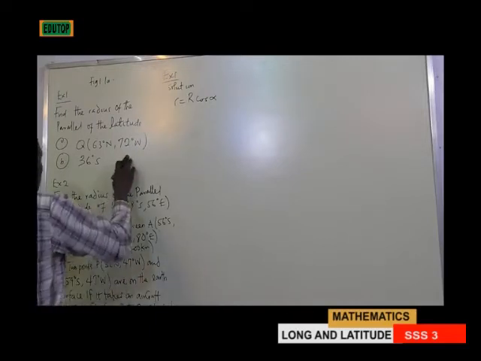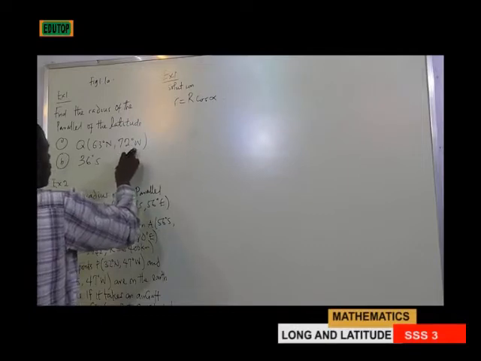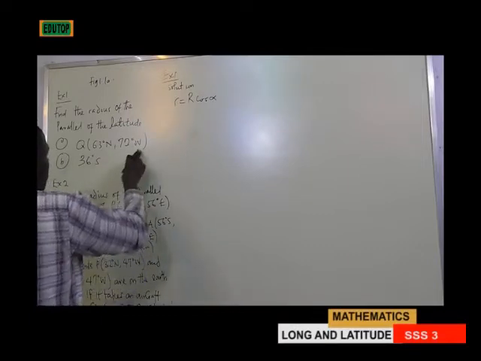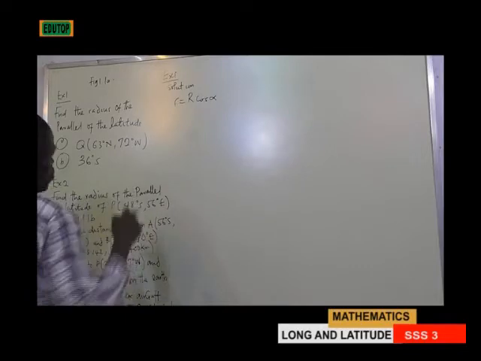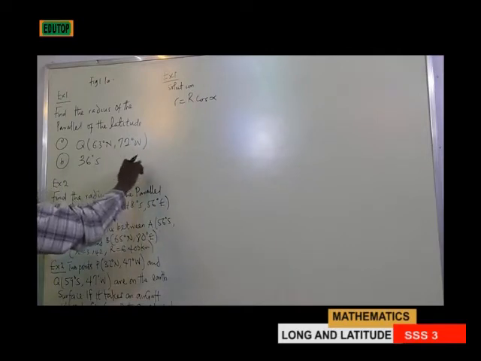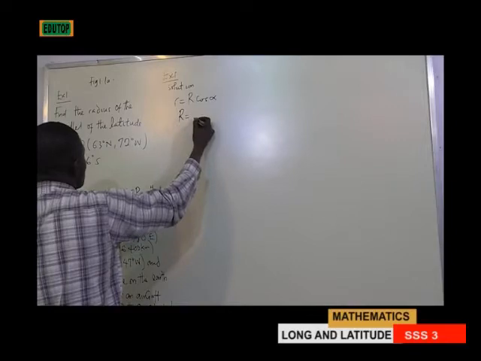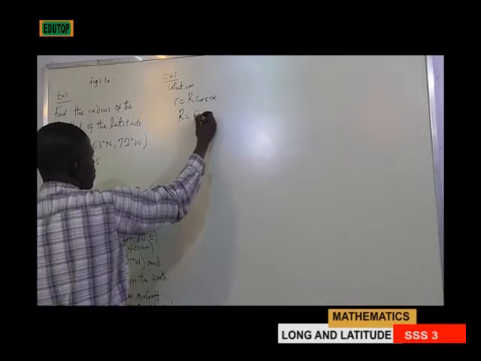Now for the first case, we have Q at 63 degrees north, 72 degrees west. When a point like this is given to you, you don't need the longitude. The longitude is just given to distract your attention. What you really need is your R to be 6,400.